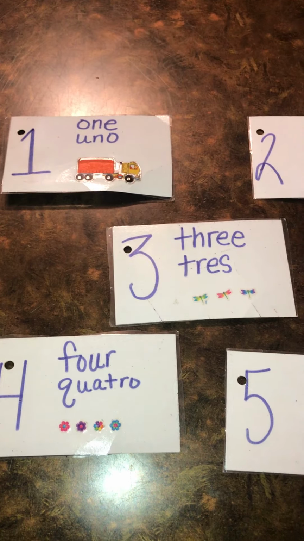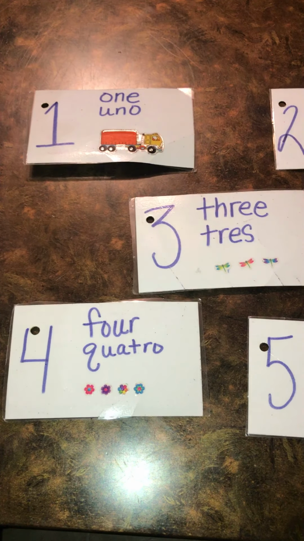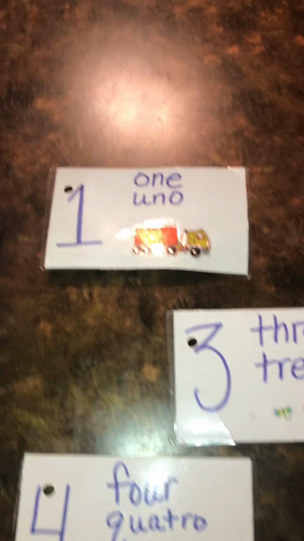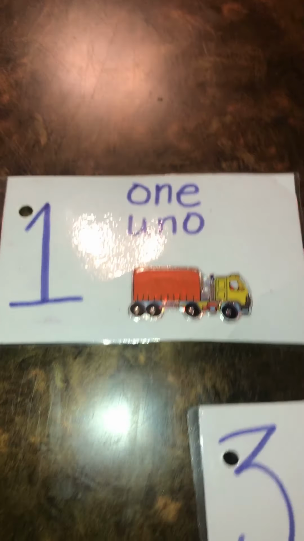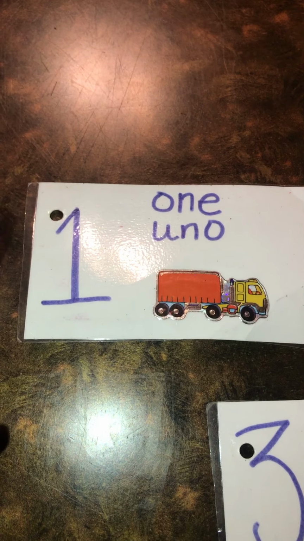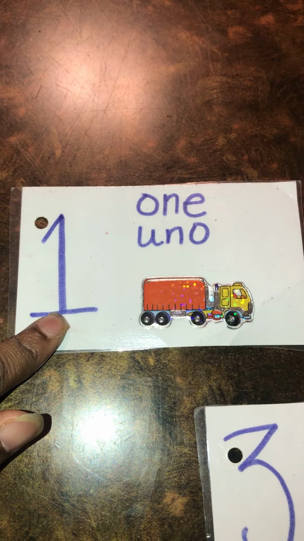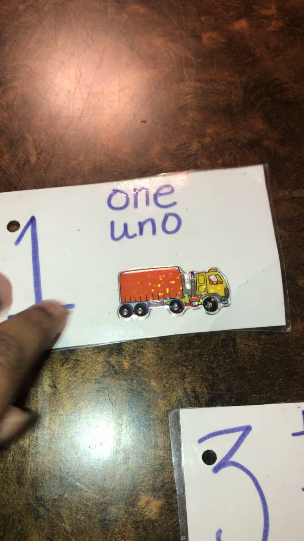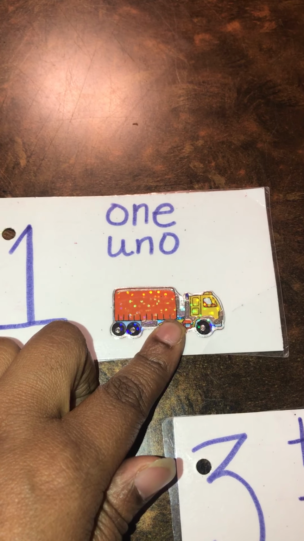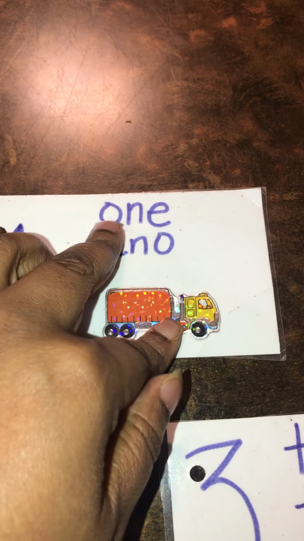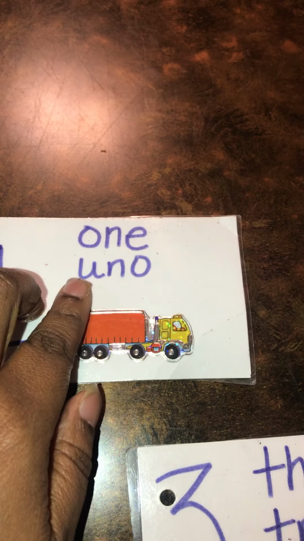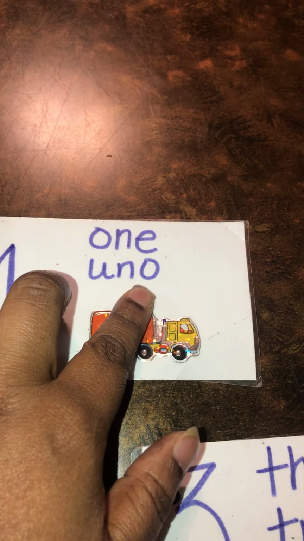Okay, now let's work on number recognition. Let's see if you guys know these numbers. This is the number 1, and it has 1 dump truck on it. This is the word 1, and this is the Spanish word for 1, which is uno.